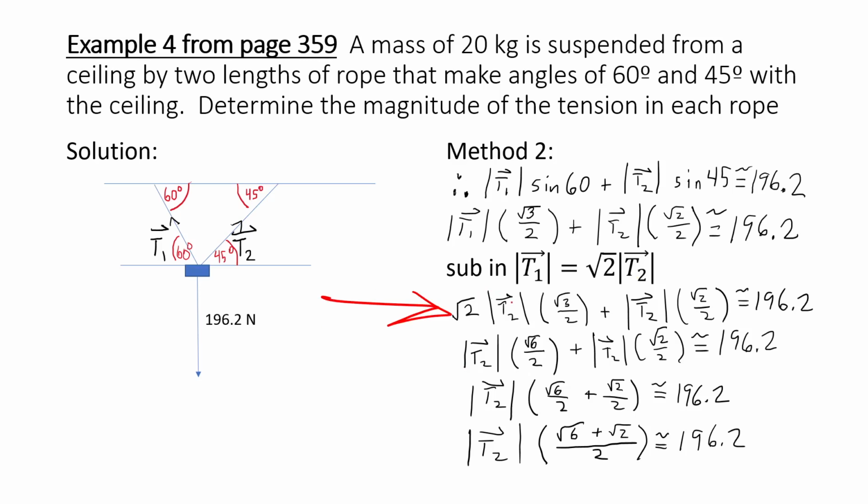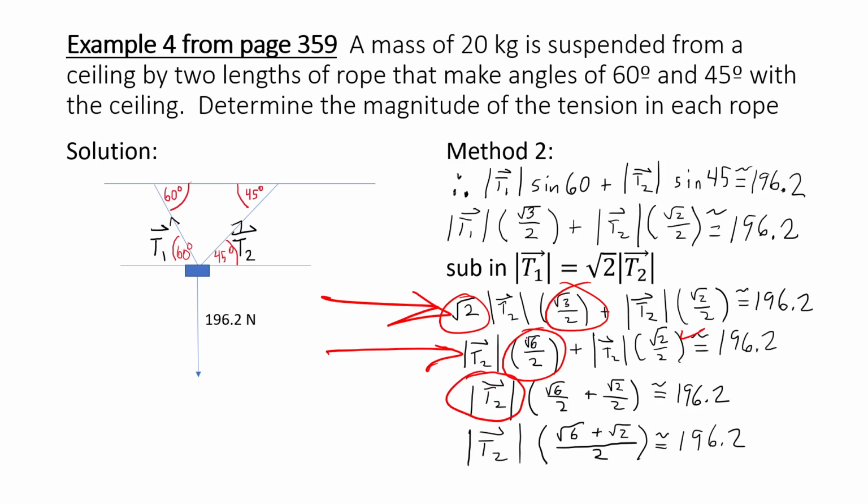So we do a little bit of collecting. First, we do a little bit of simplifying. Root 2 times root 3 over 2 is root 6 over 2. Now we're going to factor out the magnitude of T2.